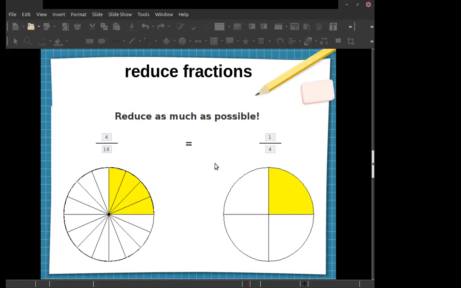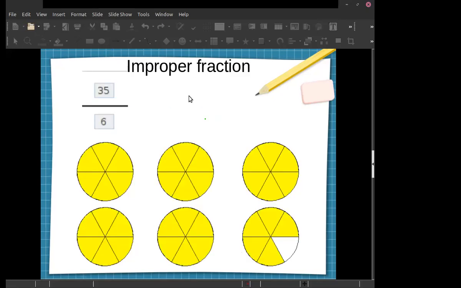So, okay. In the next one, you have an improper fraction. An improper fraction. Okay, now you can write on the monitor again. Can you give me a mixed number from this improper fraction? Who can give me the answer?